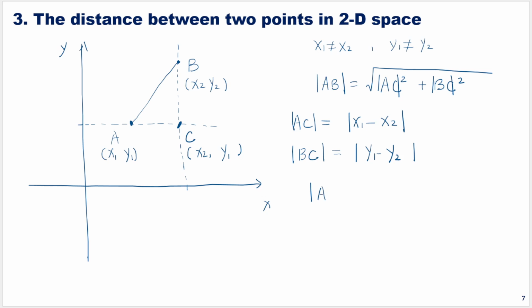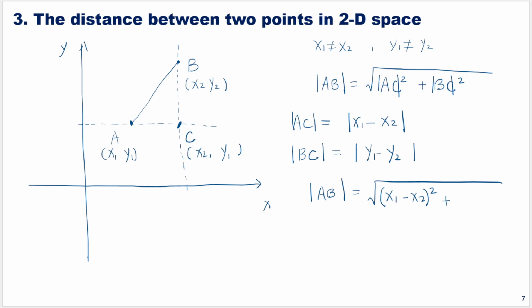Therefore, the distance between A and B equals the square root of AC squared, which is the absolute value of x1 minus x2 squared, and actually we can then remove the absolute value signs, since the absolute value squared is just x1 minus x2 squared, right?